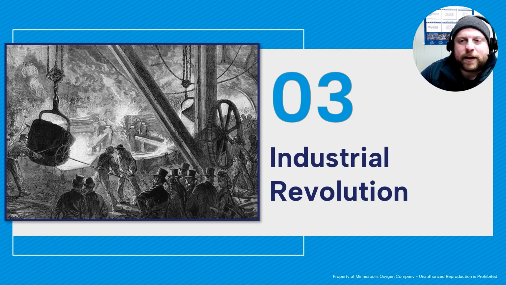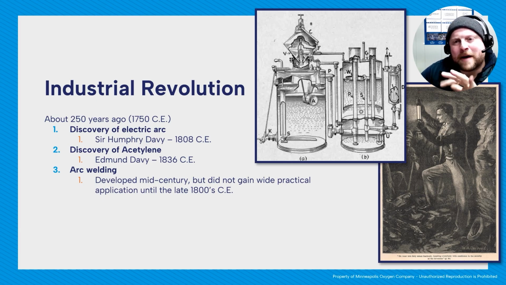All right, continuing on, we'll go into the Industrial Revolution, which started about 250-ish years ago. We have the discovery of the electric arc by Sir Humphry Davy in 1808. It really changed everything. I don't know if we can say that he discovered the electric arc, because it was around before him, but he learned how to generate and control it.